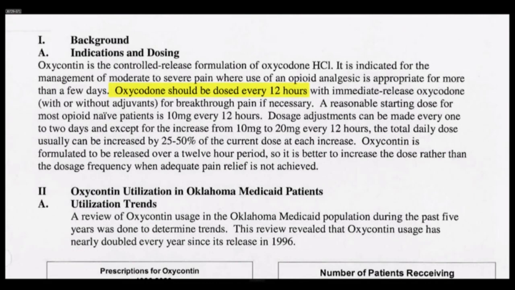Oxycodone should be dosed every 12 hours with immediate release oxycodone with or without adjuvants for breakthrough pain if necessary. Do you see that? I see that it says that.